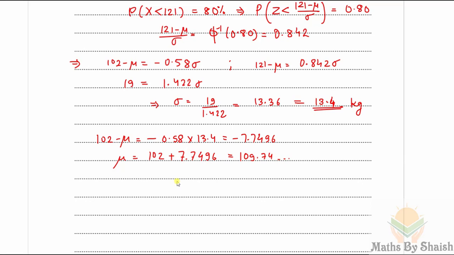So to 3 significant figures it is going to be 110. So mean is going to be 110 kg, and standard deviation is going to be 13.4 kg.